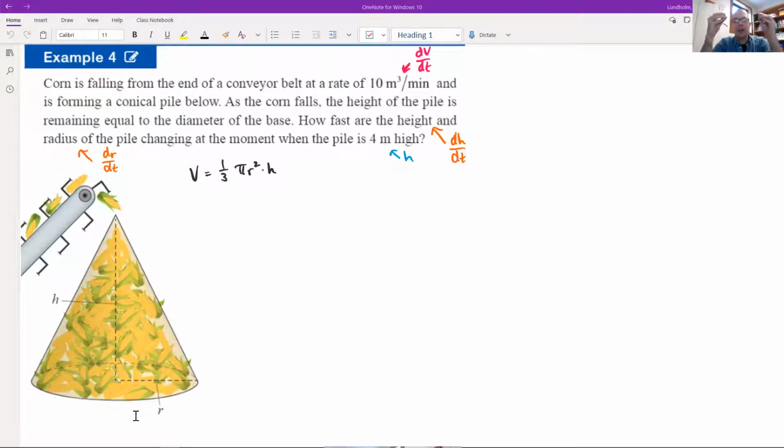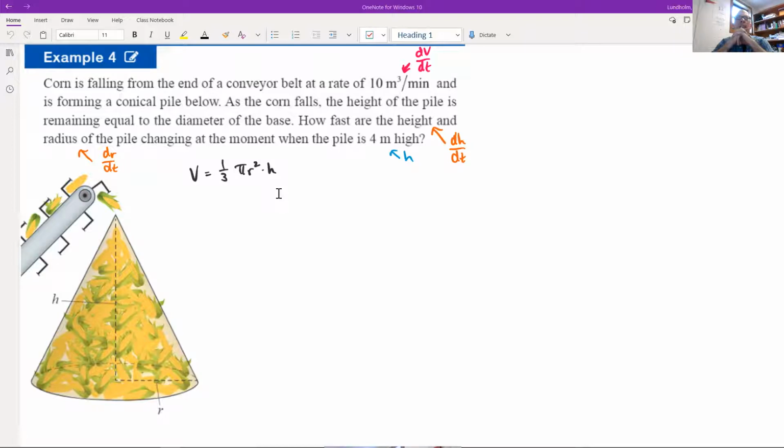You would need to do a product rule between the r squared and the h that's happening there. But if we do a little bit more work on this equation before taking the derivative, then we might not even have to do the product rule, which could be great.